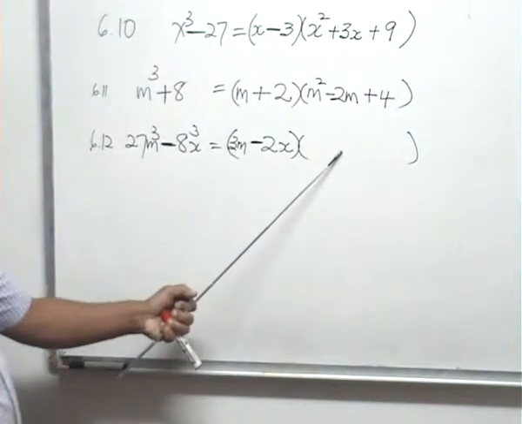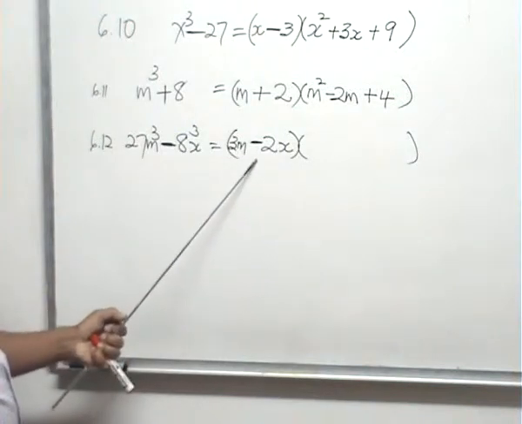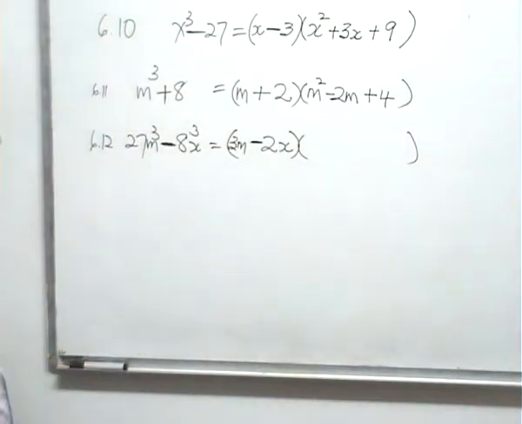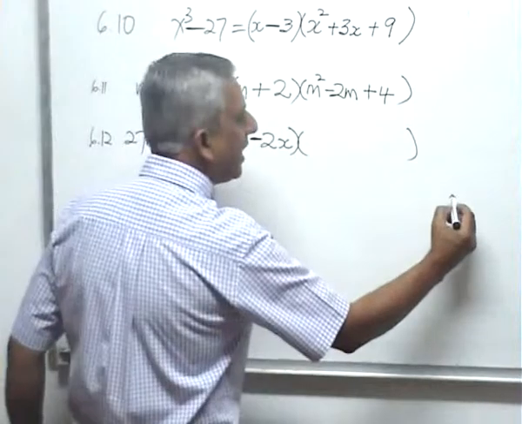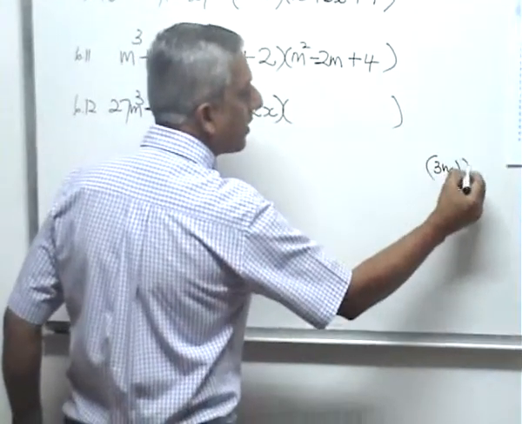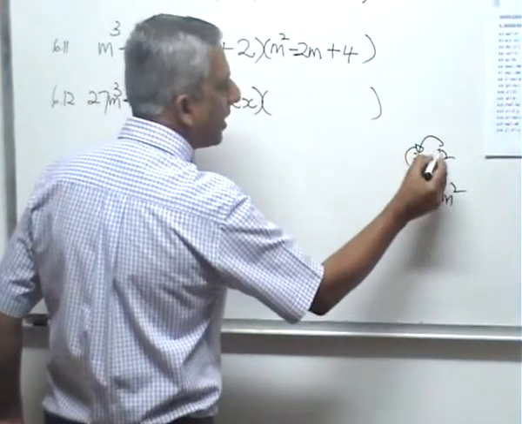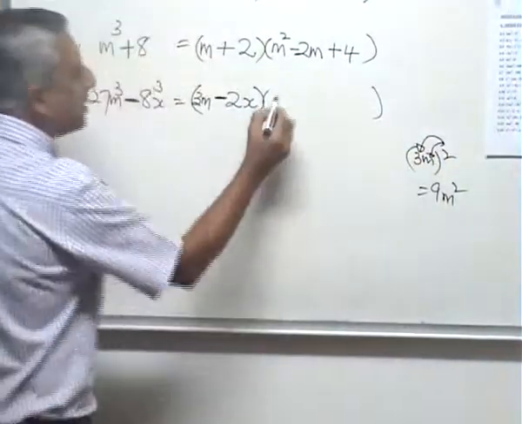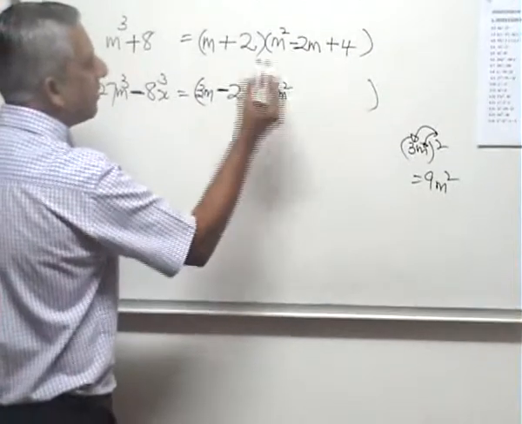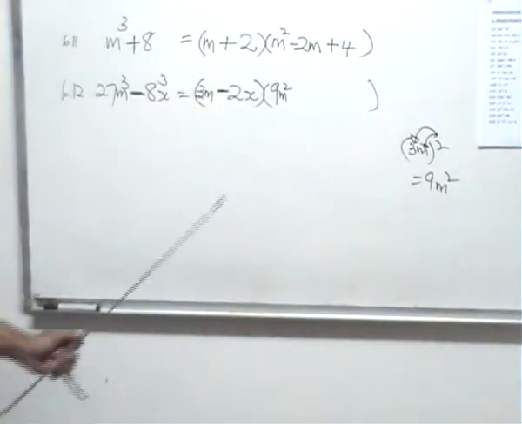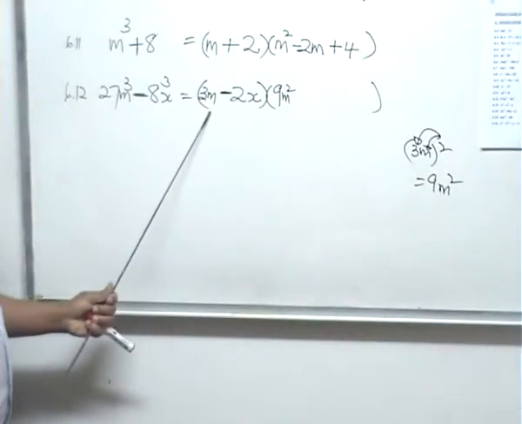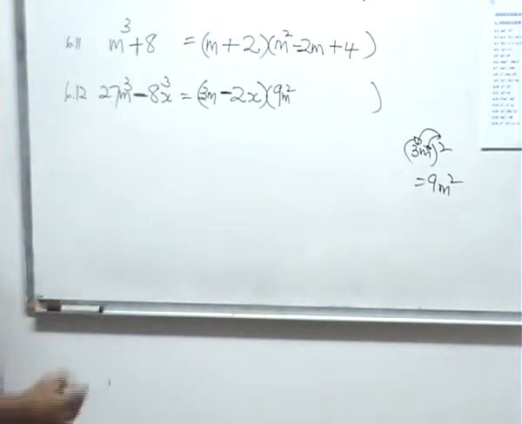Now, in the second bracket, you get your answers from the first bracket. Square 3m. See, you're squaring 3m. So 3m is going to be squared. You're going to end up with 9m squared. Remember, the 3 gets squared and the m gets squared. So it is 9m squared. Then multiply these two. You'll get minus 6mx.